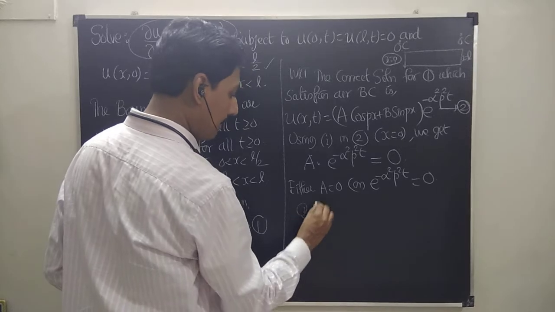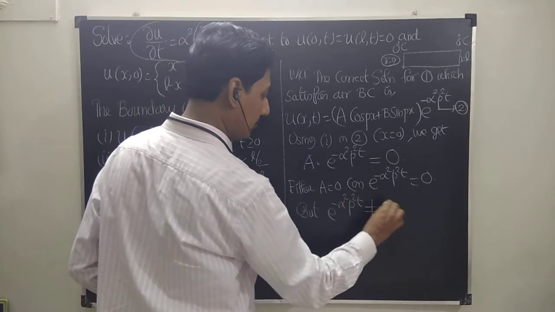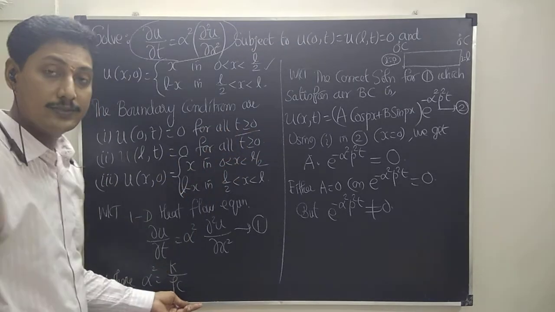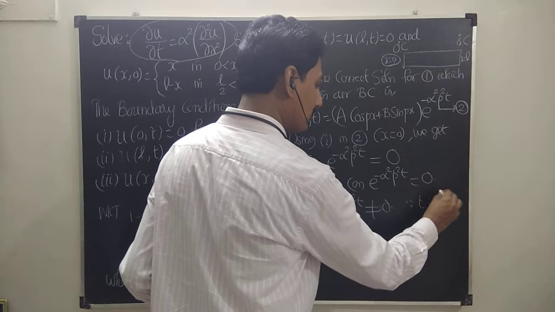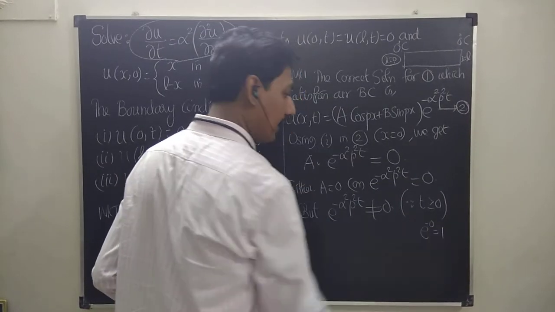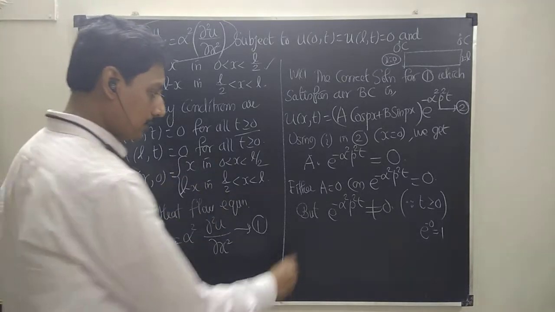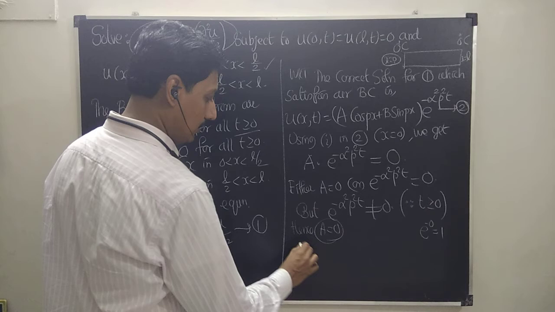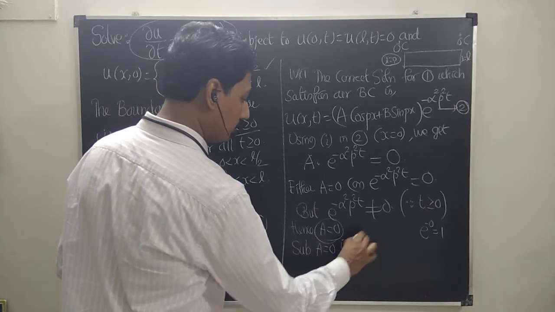But e to the power minus alpha squared p squared t is not equal to 0, because what is the minimum value for t? 0. Even when we substitute the minimum value t equal to 0, we get e power minus 0, which is only 1. So it is guaranteed that this is not equal to 0. So hence, a equal to 0.